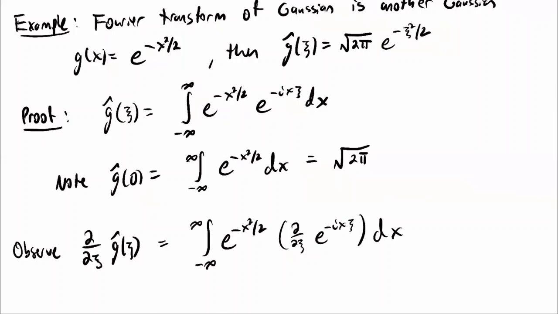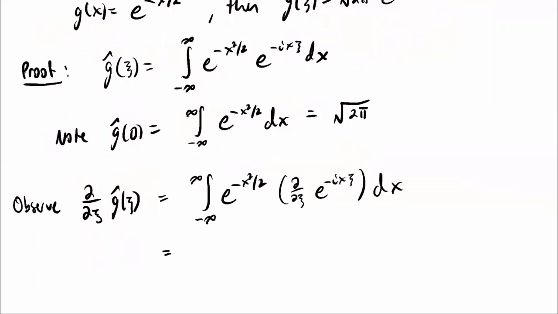If I take this derivative, the derivative of the exponential is minus ix times itself. So I get minus i, and then x e to the minus x squared over 2, e to the minus ix Xi dx.